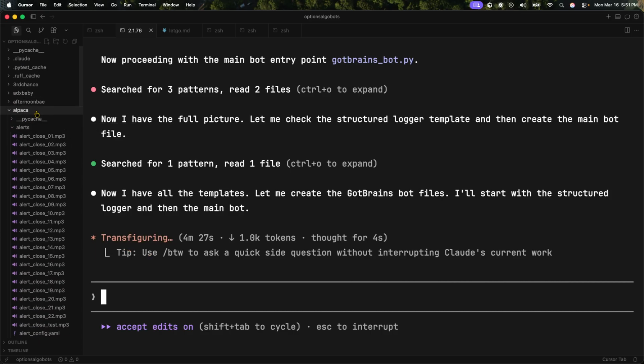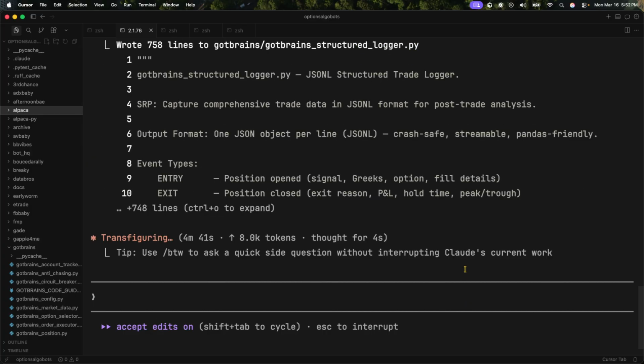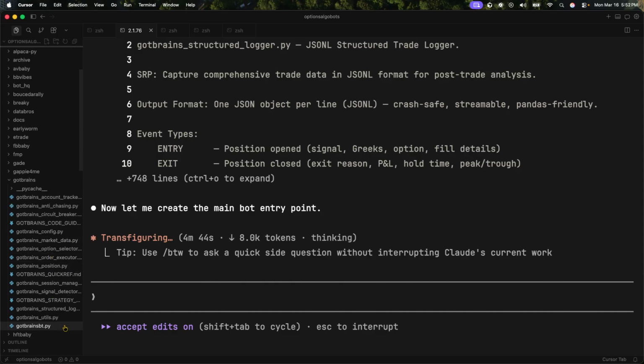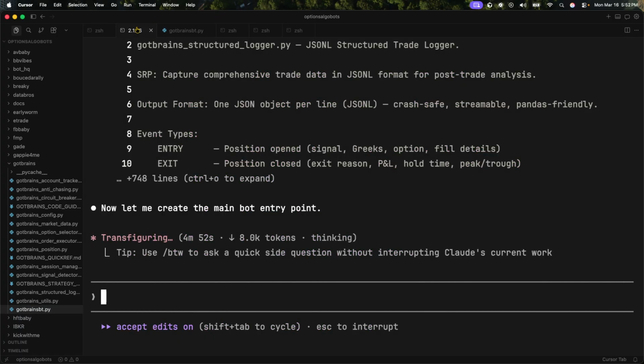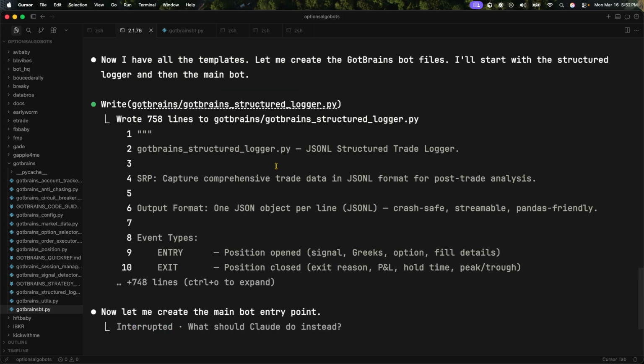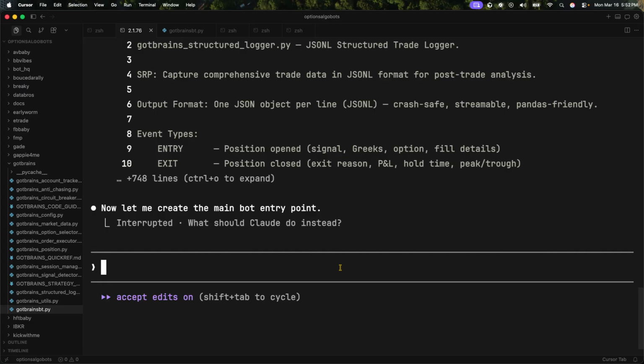I showed you how I got the open close sounds because I like to be able to keep that. Sometimes I'm away from my computer, and whenever I hear those sounds, I know, bet, we got the main bot file. Why am I tripping? Wait, what do you mean, entry point? Oh, structure logger. Got you. I feel like I just saw it though.